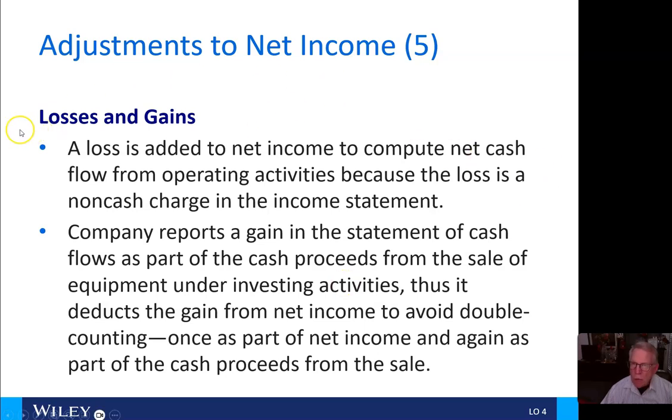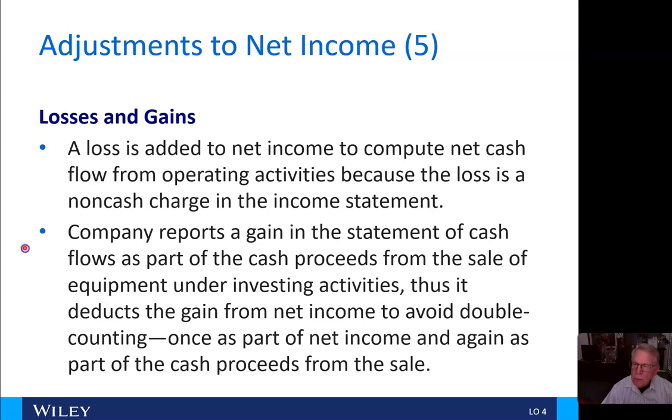Okay, losses and gains. Here, number 1, a loss is added to net income to compute net cash flow from operating activities because the loss, like depreciation, is a non-cash charge in the income statement.